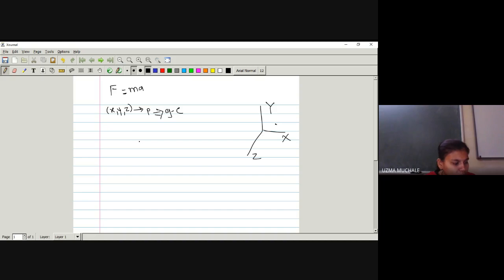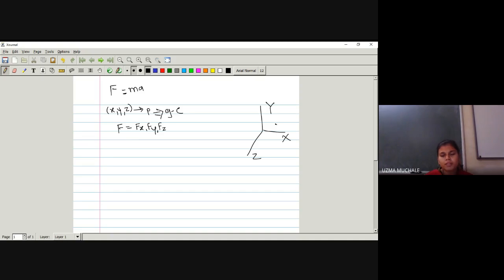So now, F is a force, which is an important part of this. This F is a force which can be split into 3 parts, that is Fx, Fy, Fz.